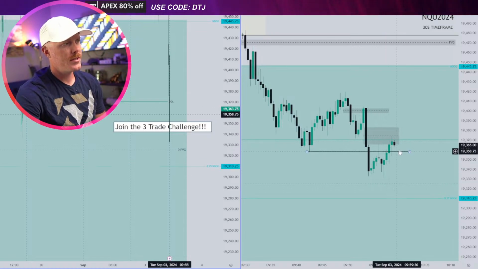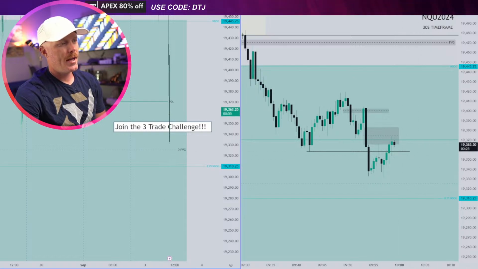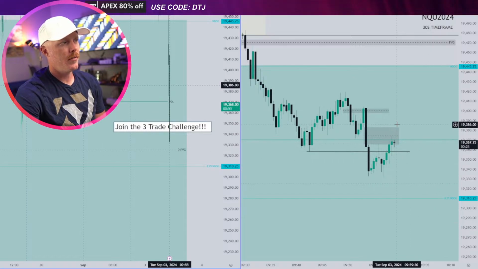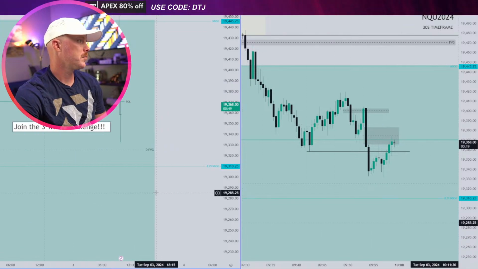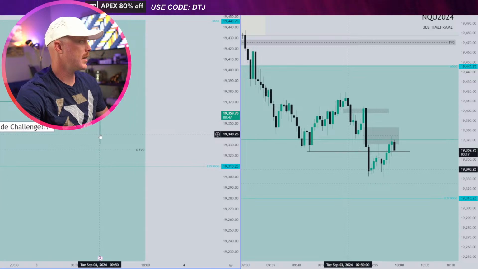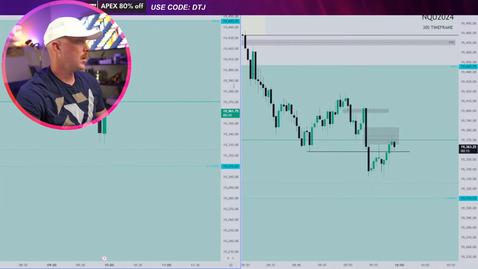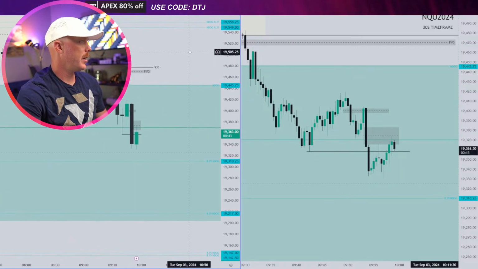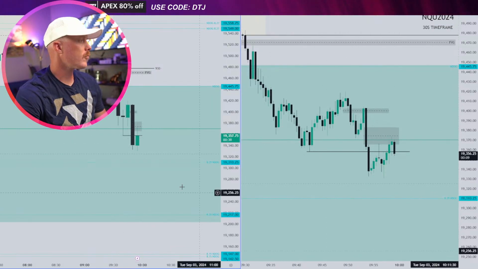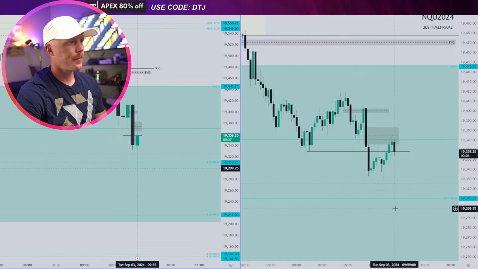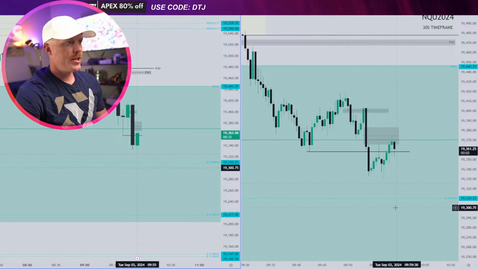Okay, I really want this to stay below till the 10 o'clock and then close above it after 10. That's really what I would like. That's what I think is going to happen here. We got the 5 minute here. $30 left.